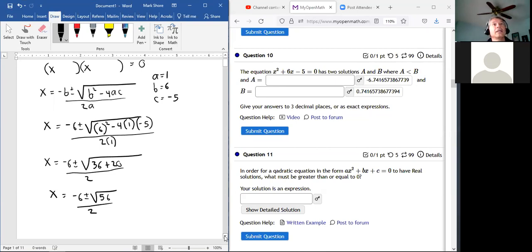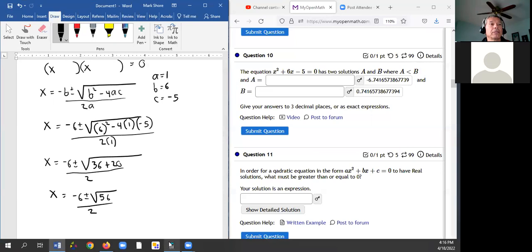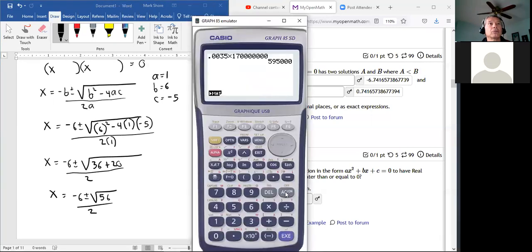Now at this point, you're going to have to use a calculator. But we got it broken down so that any calculator with a square root can do it. So what I would do is say parentheses, negative 6 plus the square root of 56, and all that gets divided by 2.